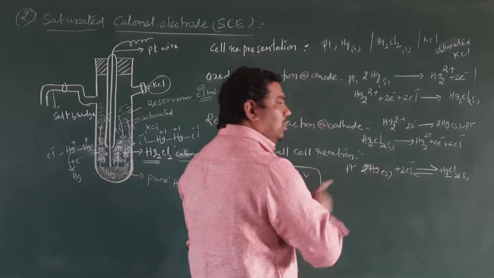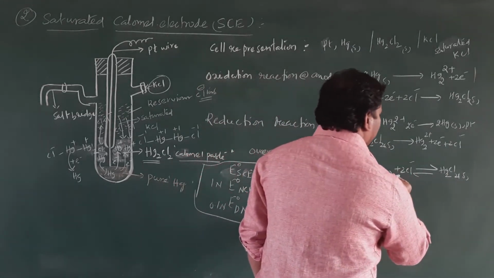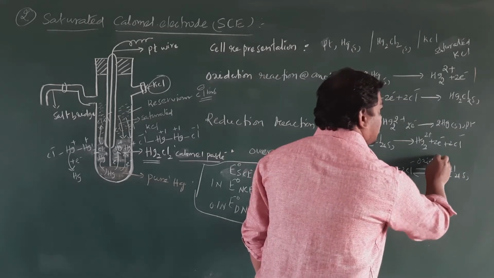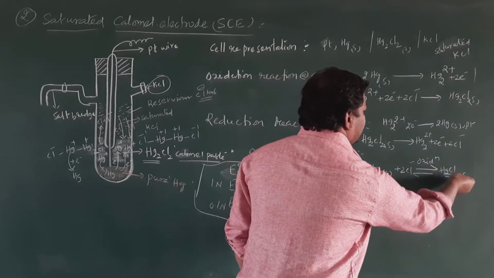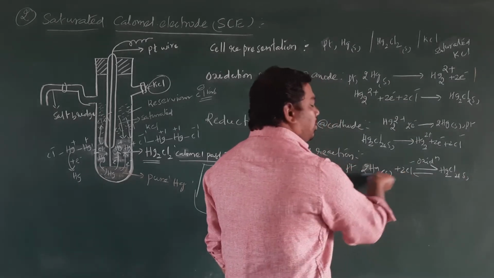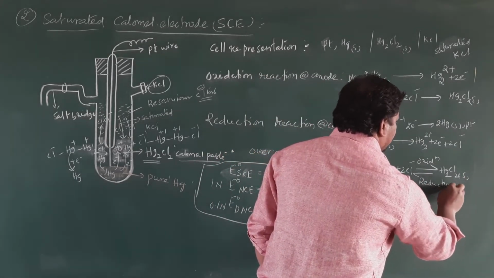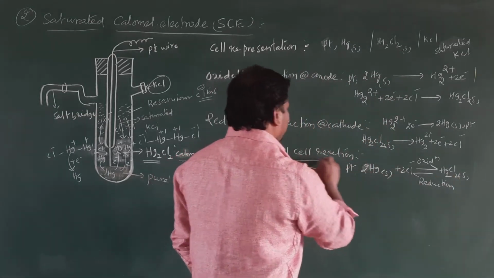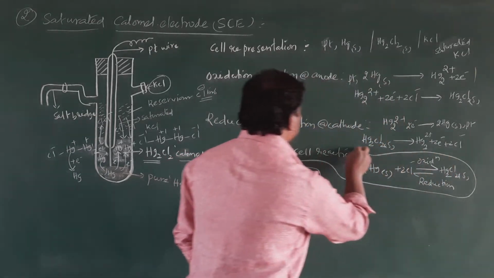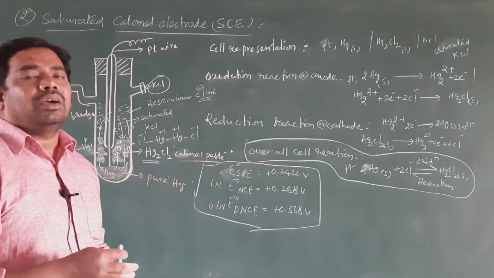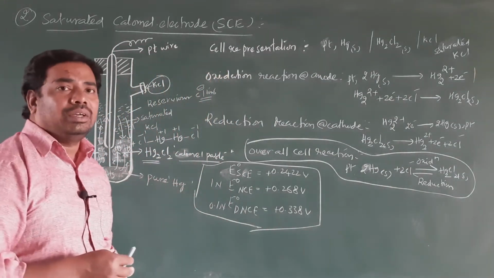Here, when the reaction moves in the forward direction, it is an oxidation reaction. If the reaction shifts towards the backward side, then it is a reduction reaction. So this is the overall cell reaction during the redox reaction of the saturated calomel electrode.